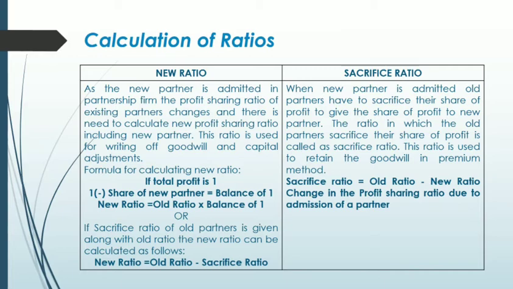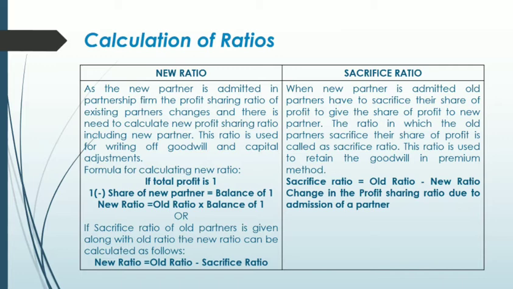The other ratio is the sacrifice ratio. When a new partner is admitted, old partners have to sacrifice their share of profit to give a share of profit to the new partner. The ratio in which the old partners sacrifice their share of profit is called the sacrifice ratio.